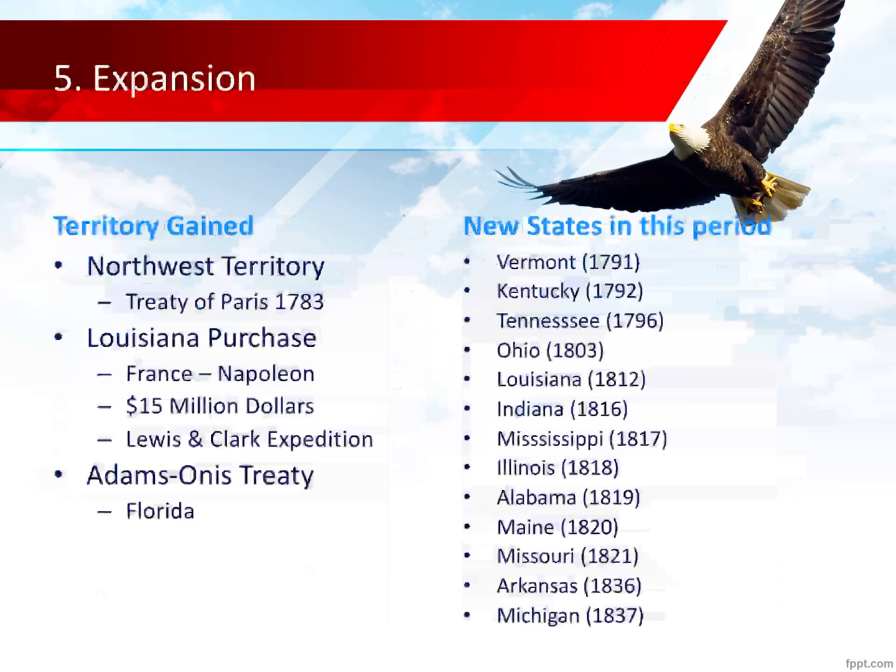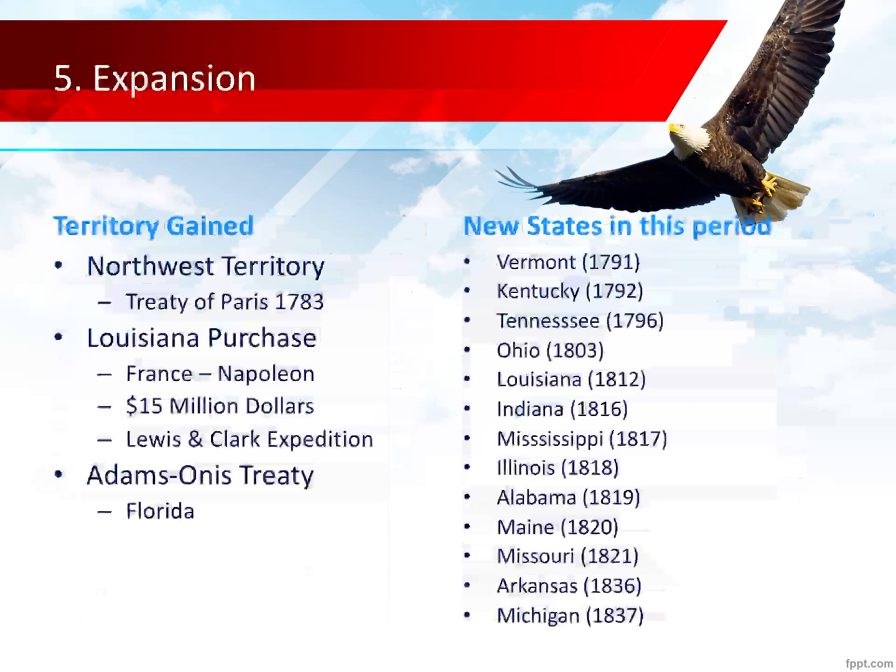Later on, we're going to make a purchase called the Louisiana Purchase. We will purchase it from France for $15 million, and Thomas Jefferson is going to have the American government sponsor a trip across the Missouri River and then down the Columbia River to the Pacific Ocean to explore the continent. The Louisiana Purchase is going to basically double the size of the United States.